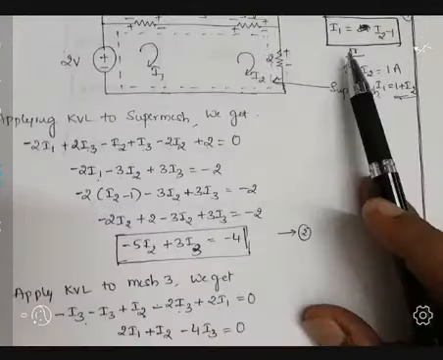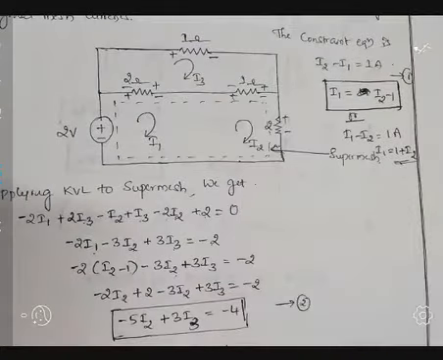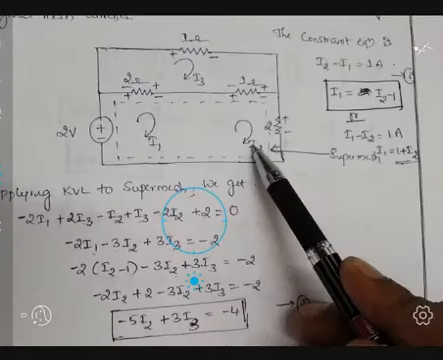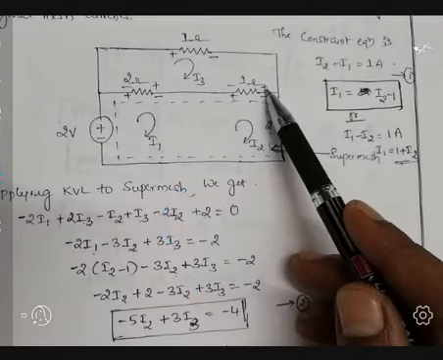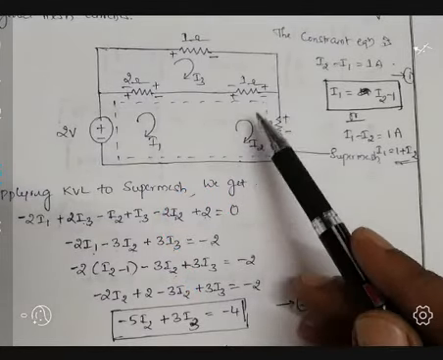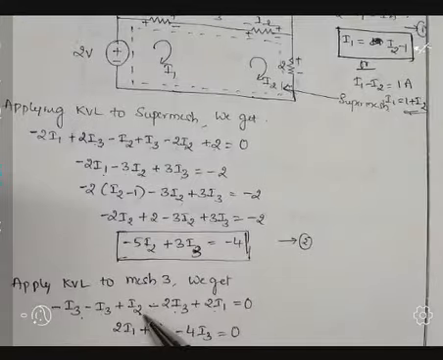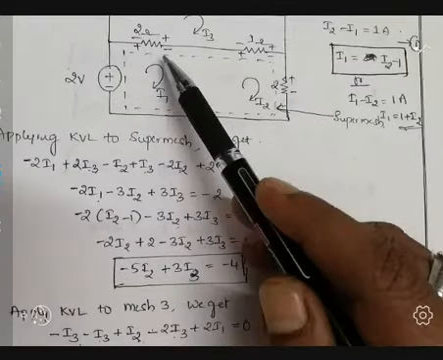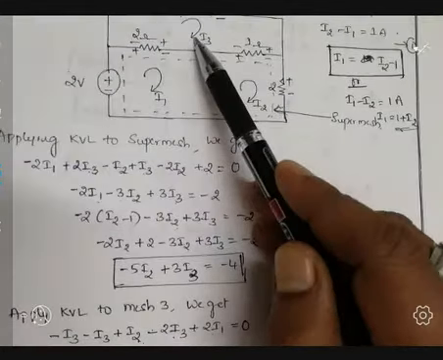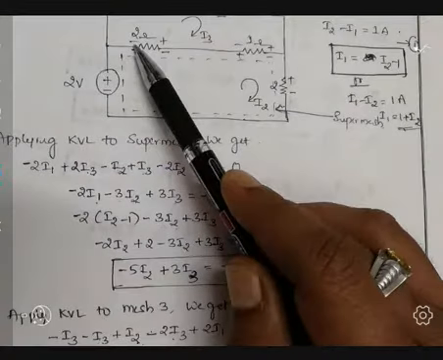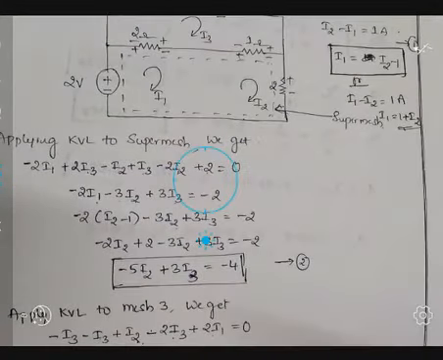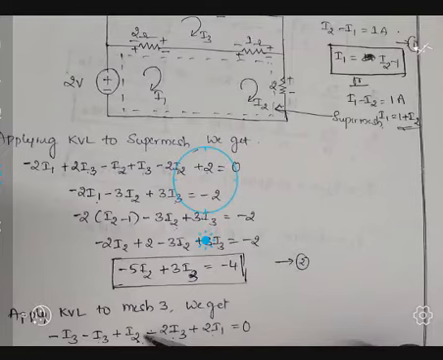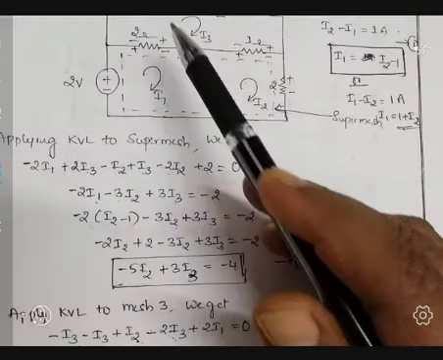But in the same branch, one more current is flowing, that is I2. The head of the arrow mark is pointing to plus, hence plus I2. Coming to here, the head of the arrow mark of I3 is pointing to negative polarity of this branch, hence minus 2 I3. But in the same branch, one more current is flowing.